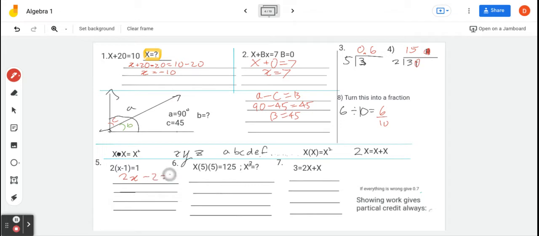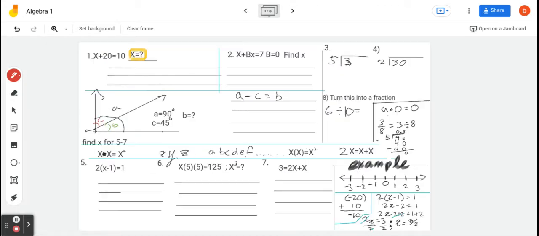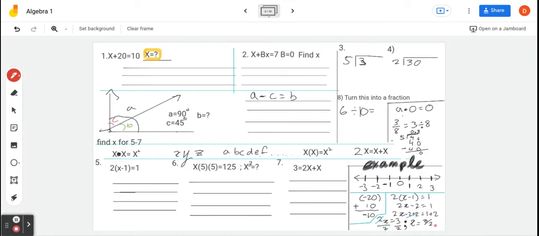So I'm not keen on giving this question because it's pretty similar. 1 plus 2, which is 3. 2x equals 2, and x equals 2 divided by 3. As you can see, that was literally the example question. Therefore, this, yeah, actually is the example question.